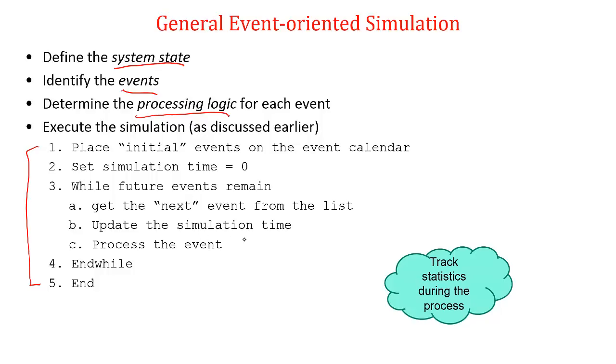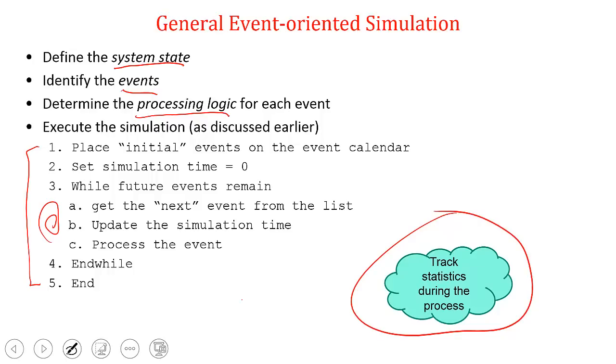We jump to that simulation time. We then process the event using the processing logic that we've defined for that event, and we just continue in this loop until we run out of events. And during the whole process, we are tracking statistics to monitor the performance of the system.